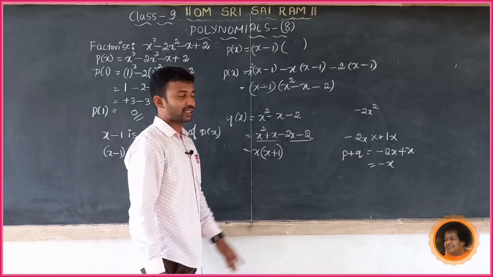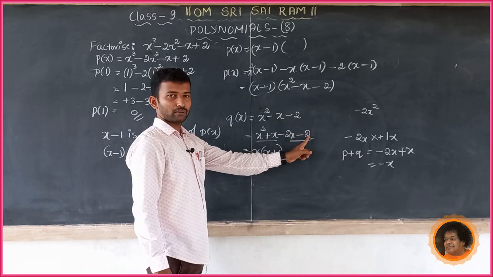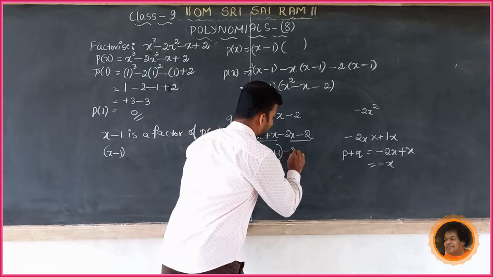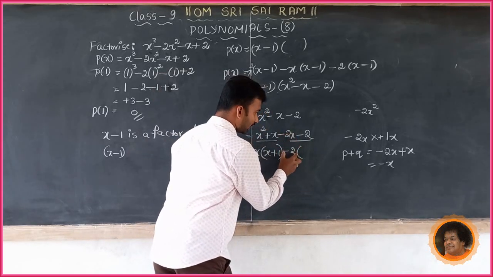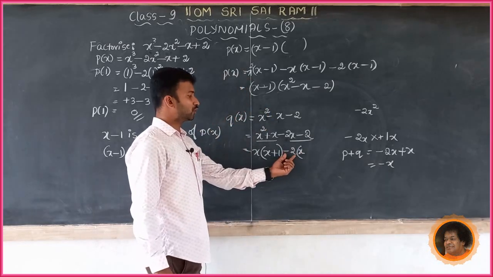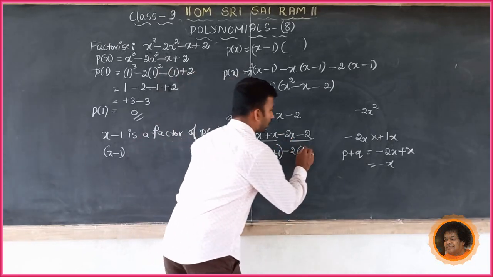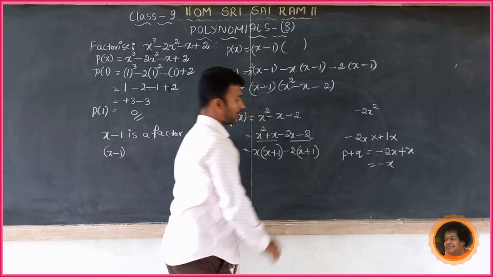What is the common factor here? Minus 2, minus 2. There is no common variable, we have a constant only. So, write minus 2 as a common factor. Taking out minus 2: minus 2x by minus 2 is equal to x, or we can say minus 2 into x is equal to minus 2x. Minus 2 by minus 2 is equal to plus 1.